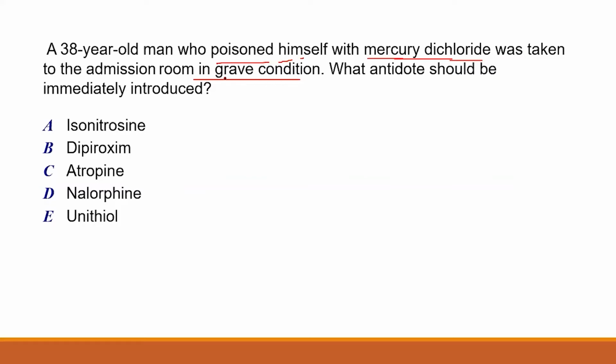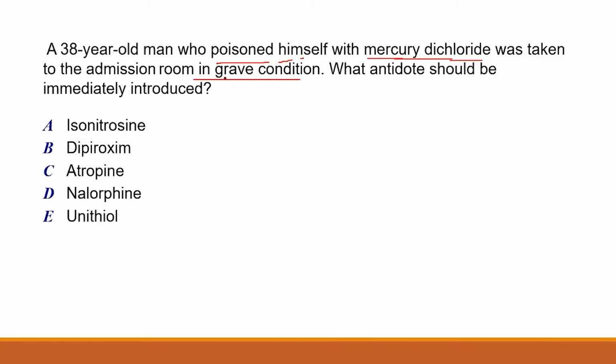All right. So, like I was saying, any metal intoxication, you use unitiol. If I were you, I'd be writing this down. Any metal, be it iron, be it lead, use unitiol. Mercury, whatever it is, gold, arsenic, whatever it is, use unitiol.